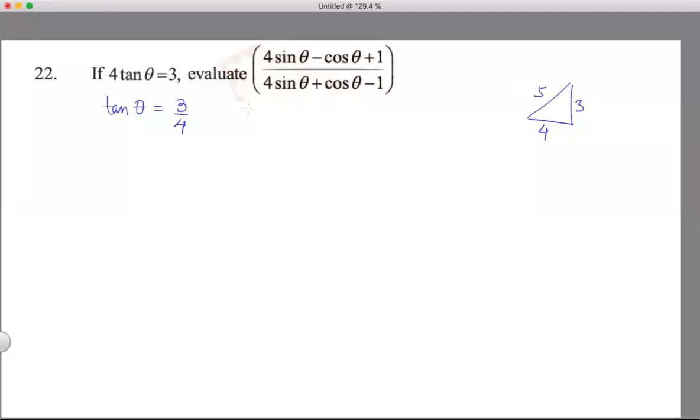Okay. So now we can write the other values also, which are sine theta is equal to 3 by 5 and cos theta is 4 by 5. Okay, now we have all the values to put in this. So we can go ahead and put that 3 by 5.